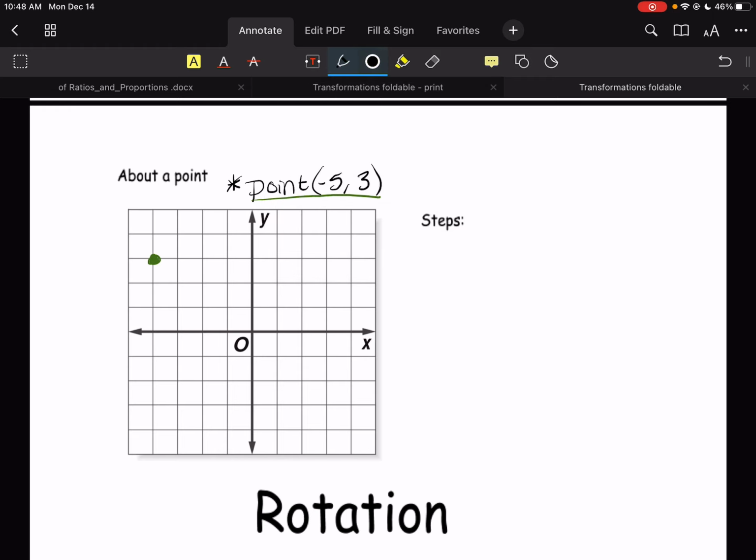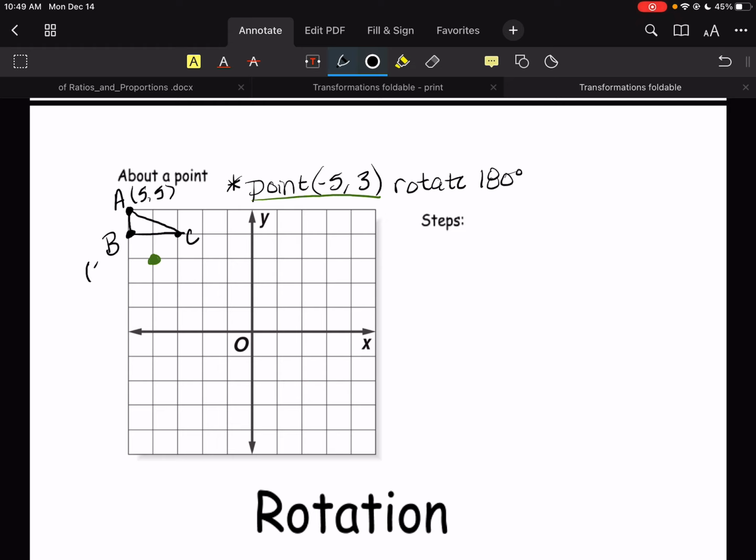And you're going to have a triangle. So I'm just going to draw a baby triangle so that I keep it on my graph here. And I want to rotate this 180 degrees. So what you're going to do is you're first going to change your original picture, so that picture that I drew there, so I have points A, B, and C. And A is currently at 5, 5.